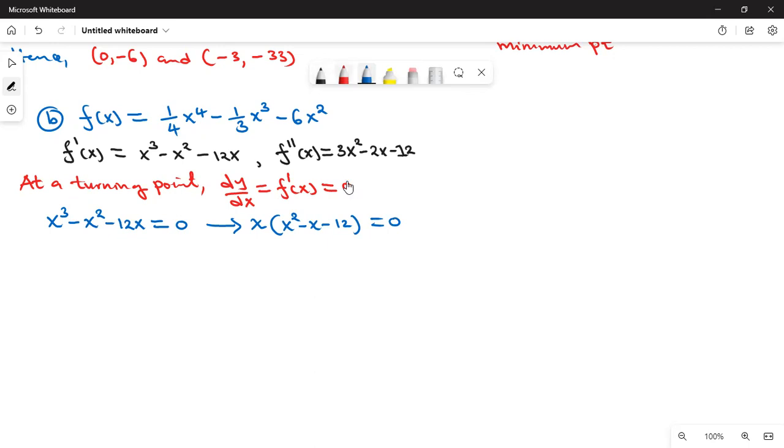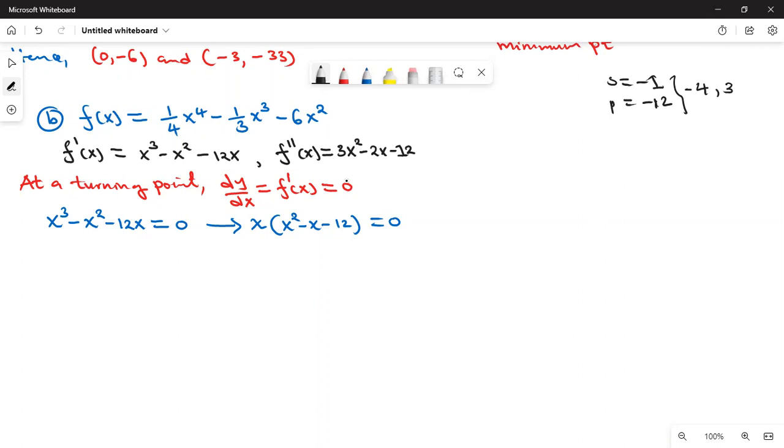So are we able to factorize this further? x squared minus x minus 12, that's a quadratic expression. I need two numbers whose sum is -1 and whose product is -12. What is it that when I multiply, I get -12, and when I add, I get -1? So the numbers are -4 and 3.